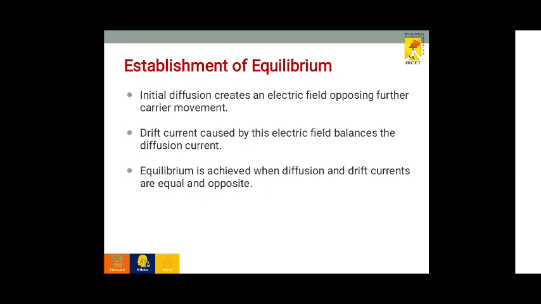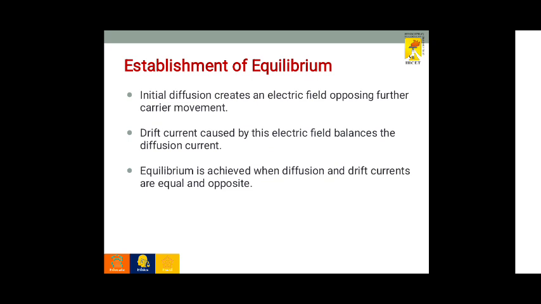Establishment of equilibrium. So what will be the equilibrium state? If you have a concentration gradient in a P substrate or N substrate, carriers tend to move from higher concentration to the lower concentration side, and it will achieve the equilibrium position.